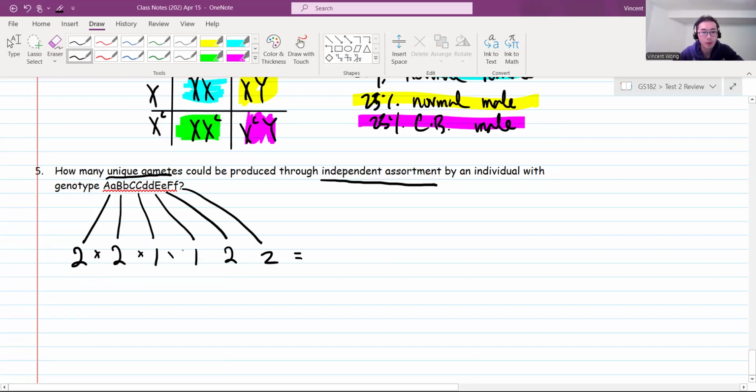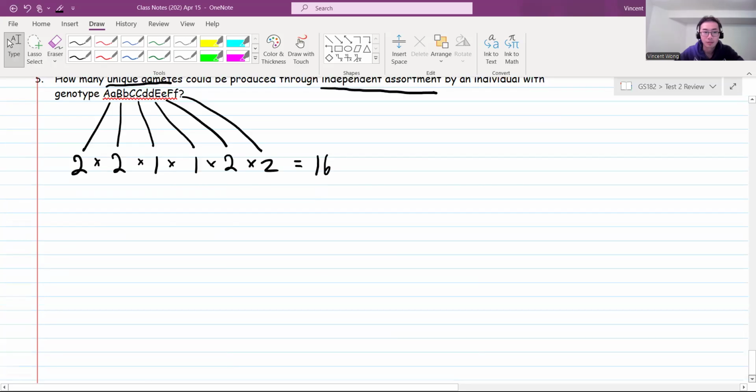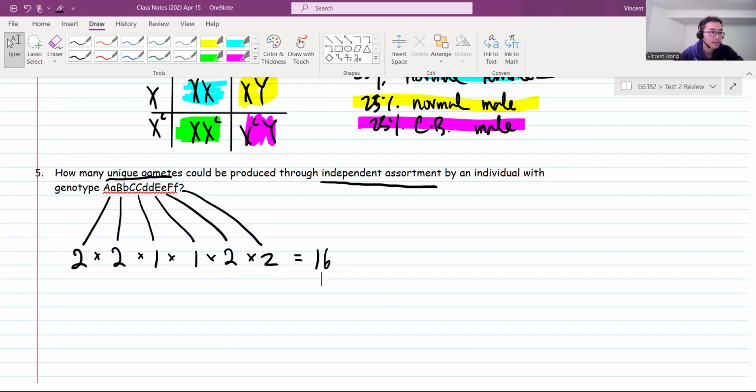You choose to multiply. There you go. 2, 2, 2, 2, that's 16. Very simple math on the test, but if you want to bring a calculator to feel better, bring it.